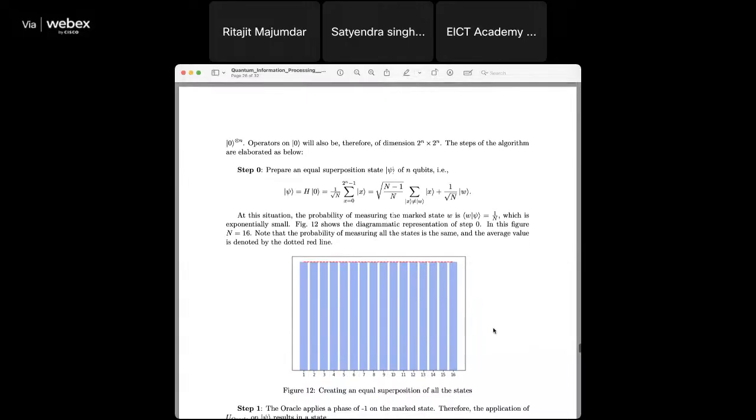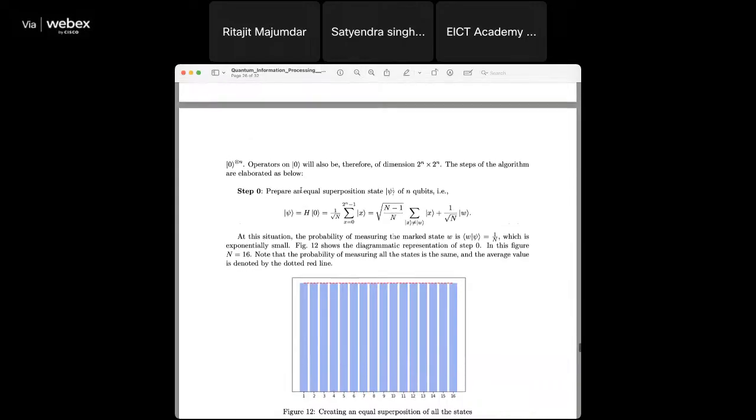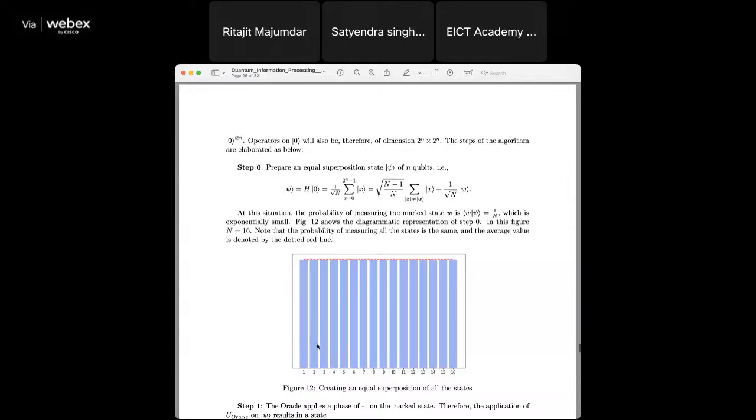But now we will look into something like this. This is the good state. Everything else here is a bad state. Pick one element from the bad states, say x1. What is the probability that if you measure this state, you will get x1? That is also 1 over 2 to the power n, right? Every state is equally probable. So this is what we are representing here.